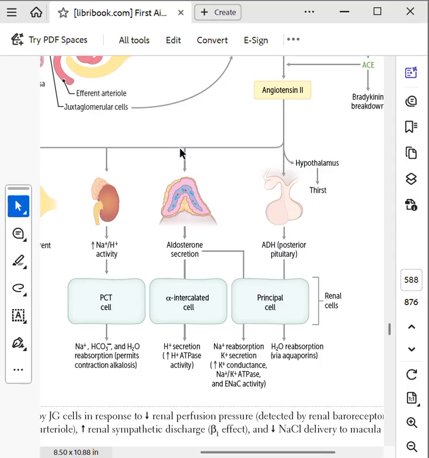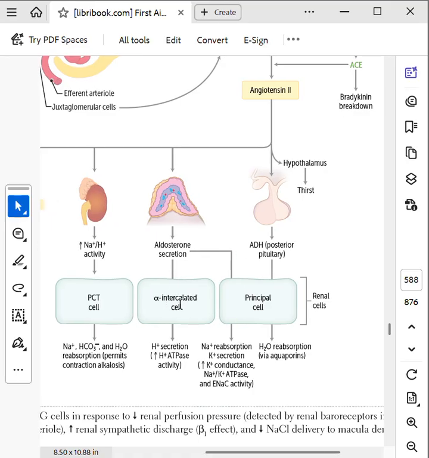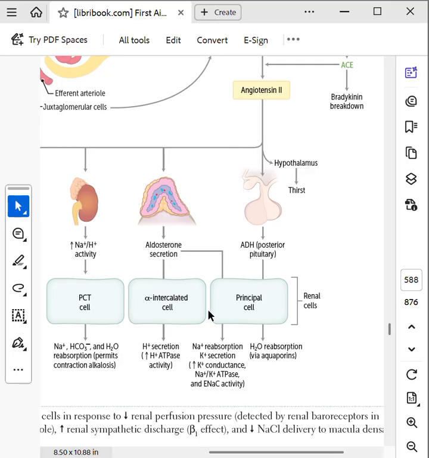Then it goes and releases aldosterone from the adrenal gland. Aldosterone works on two cells, the principal cells in the collecting tubule and the alpha intercalated cells. Both of these are affected by the aldosterone through the mineralocorticoid receptor. The mineralocorticoid receptor increases mRNA synthesis and then gets activated.